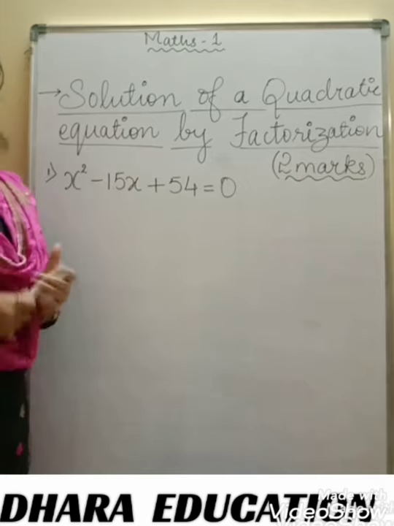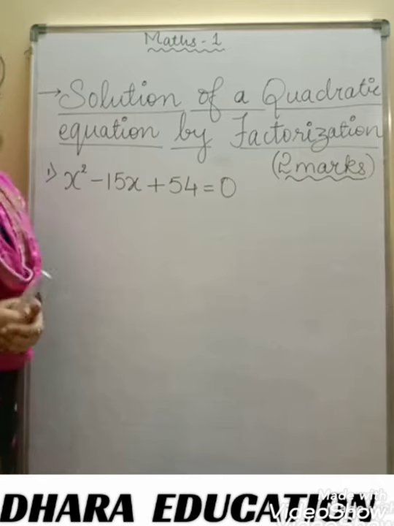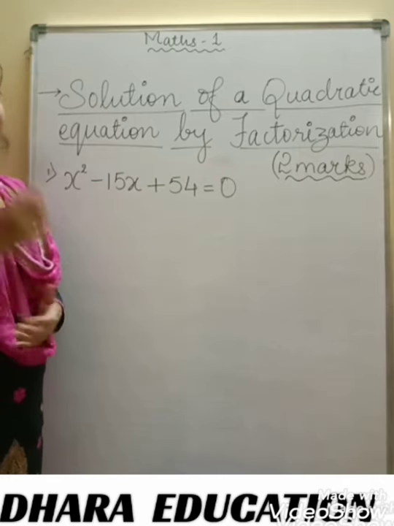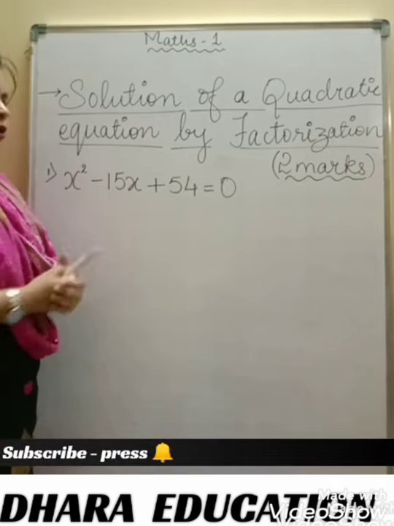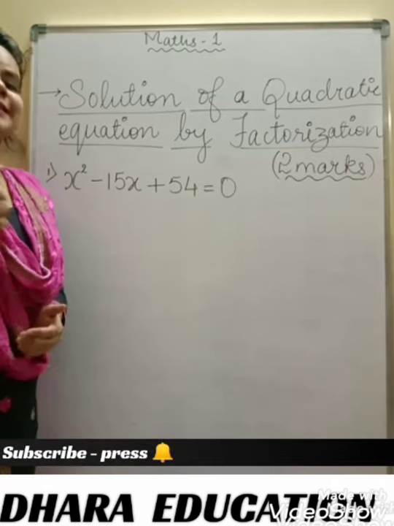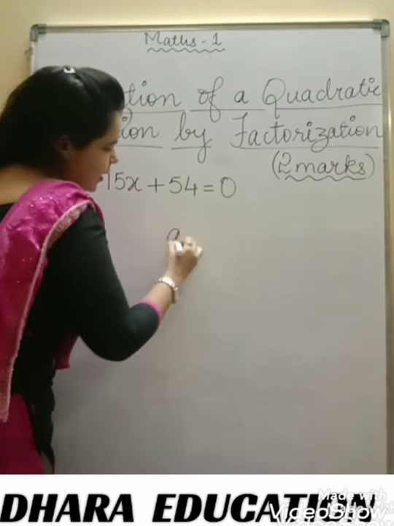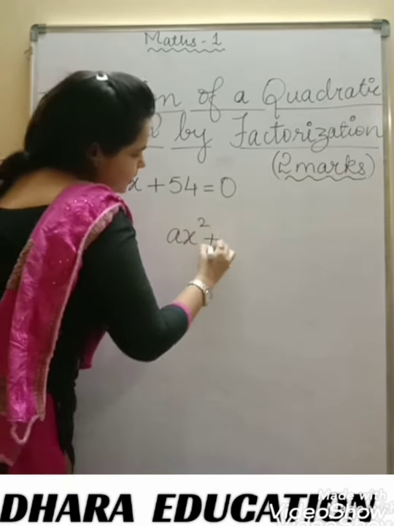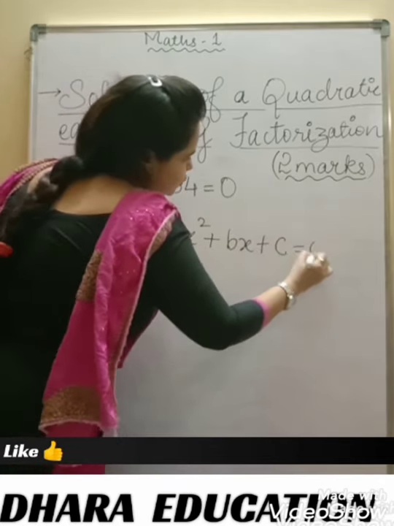The very first step to solve this kind of sum is to identify, first and most importantly, that the given question should be in the standard form only. Our standard form is ax square plus bx plus c is equal to 0.